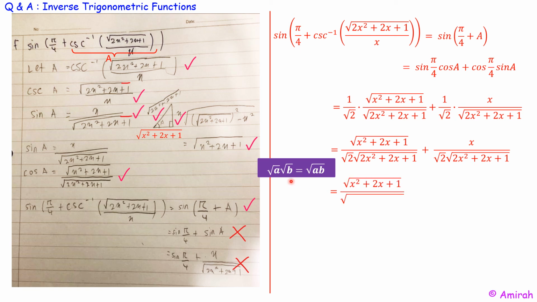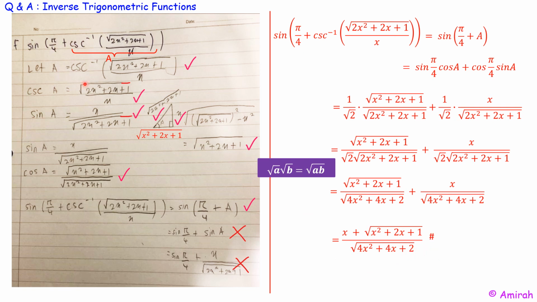So after we use this formula, we get sec x squared plus 2x plus 1 over, we multiply 2 with this function, so we get 4x squared plus 4x plus 2, and then plus x over here, we have same denominator. So we can combine the fraction. So we get x, we can put x in front here, okay, plus sec x squared plus 2x plus 1 over sec 4x squared plus 4x plus 2, right? So this is the final answer.